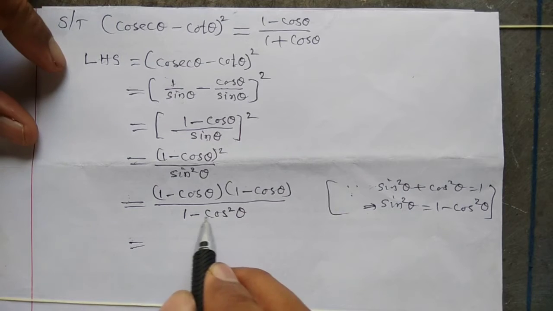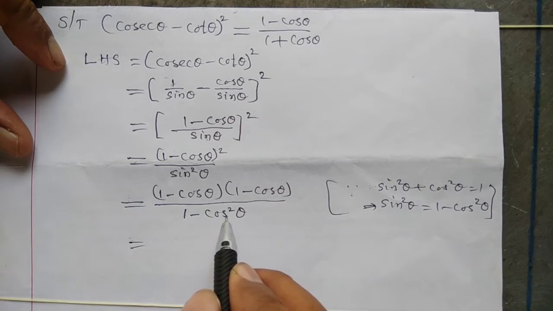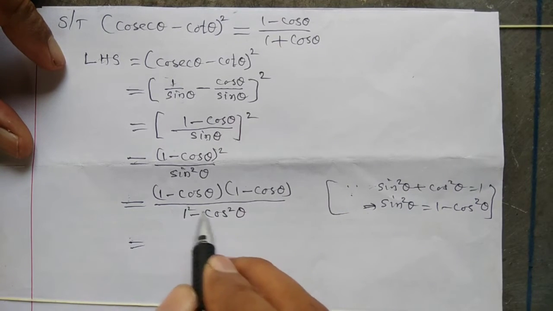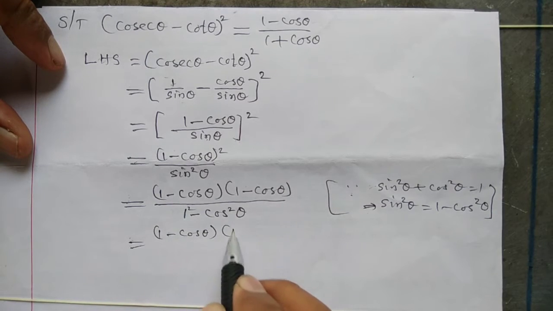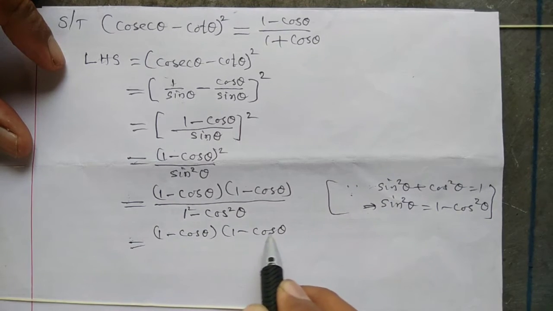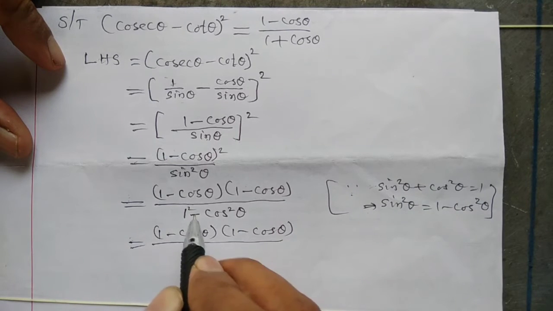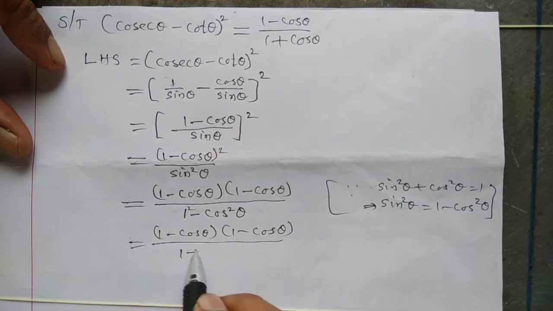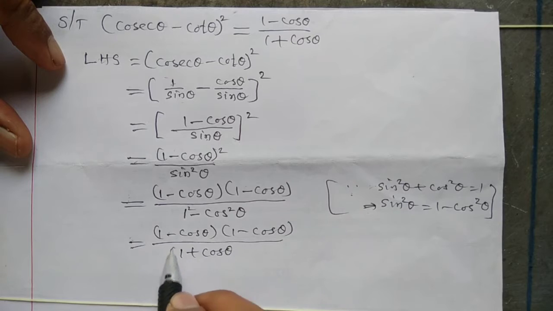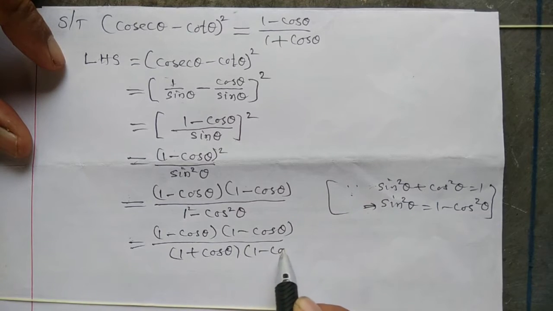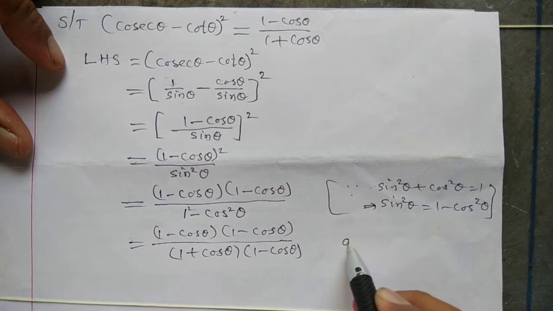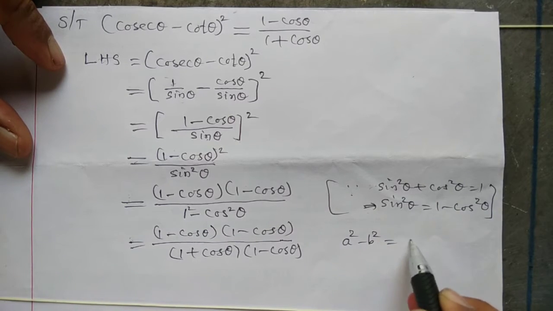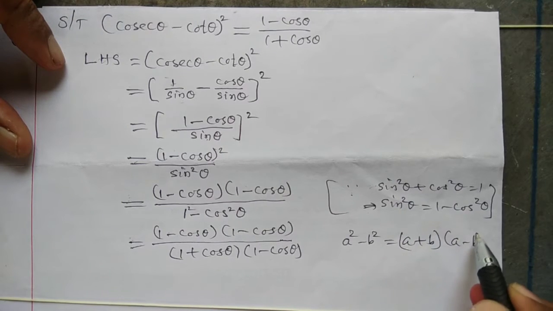The numerator is in the form of (a minus b) whole square, so we can write (1 minus cos theta) into (1 minus cos theta). The denominator we can write as (1 plus cos theta) into (1 minus cos theta), because we know a square minus b square is equal to (a plus b) into (a minus b).